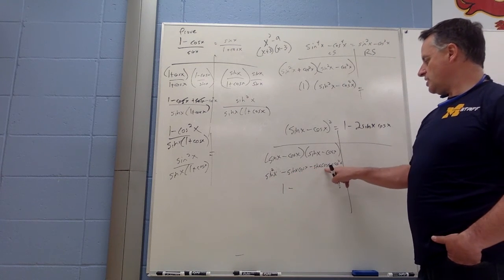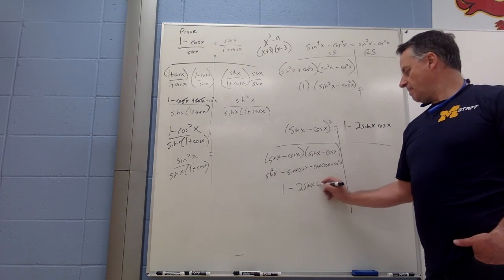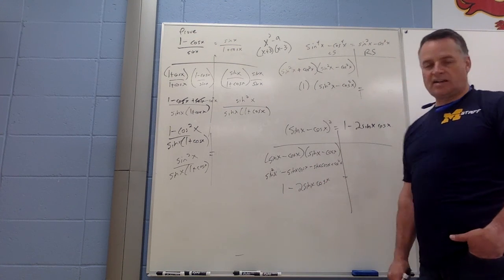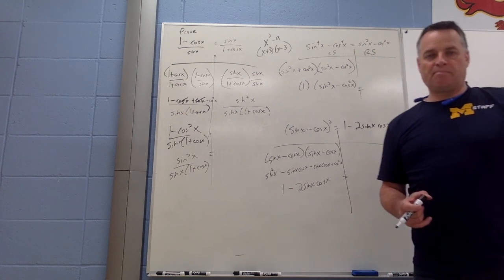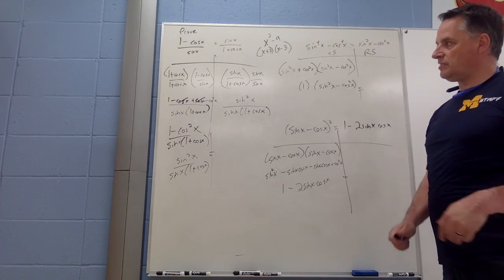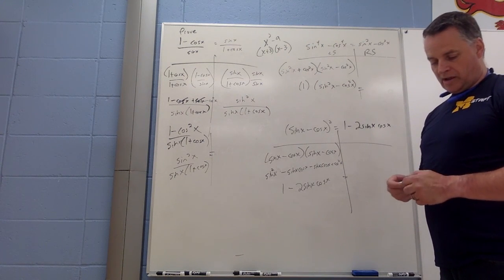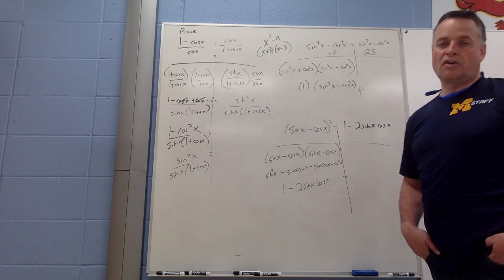And then I have a sine cos and another sine cos, both of them being negative. And the two sides are equal. So using some of these Pythagorean identities can help us prove some of these trig identities that we're trying to solve.